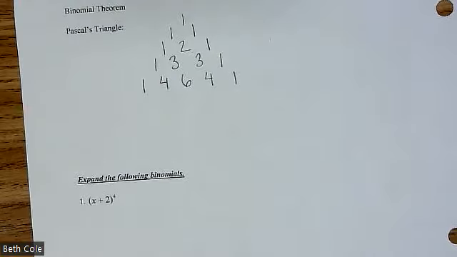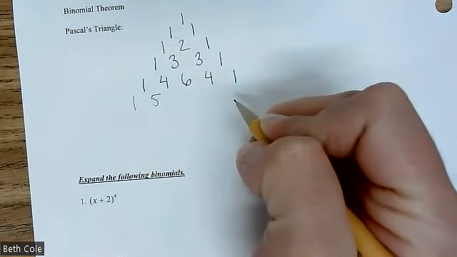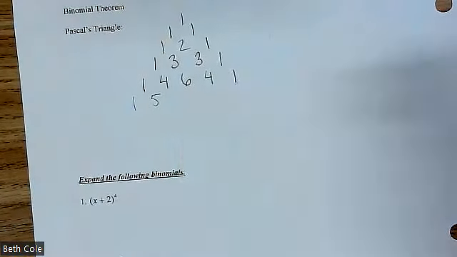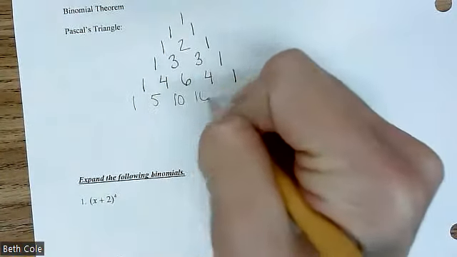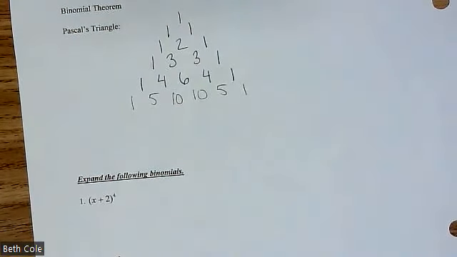Right, so you just like. Uh-huh. Okay, so what's the next one? 1, 5. Oh, who said it over here? 10, 10, 5, 1. Wait, how? Oh, so you got 1, 6, 12. How'd you get 5? Whoa.